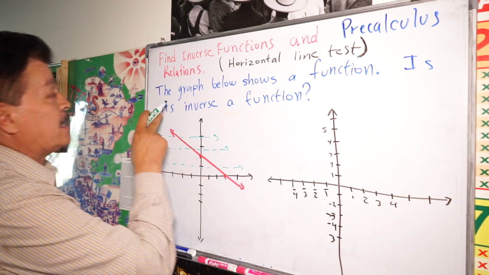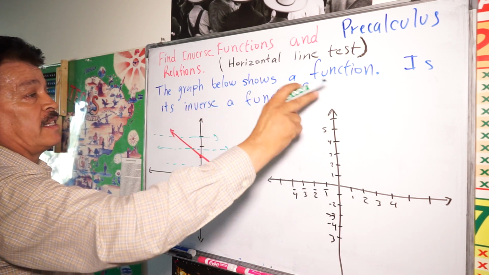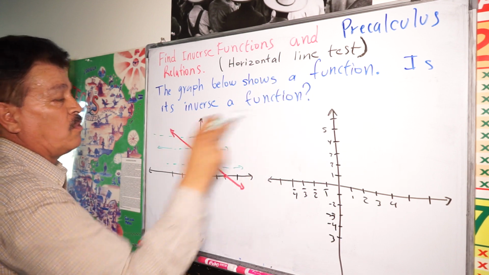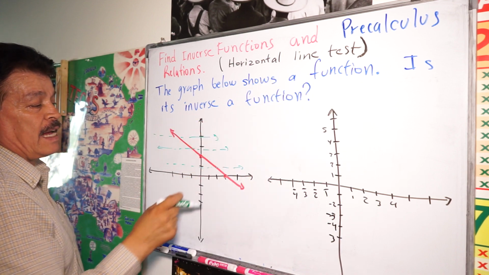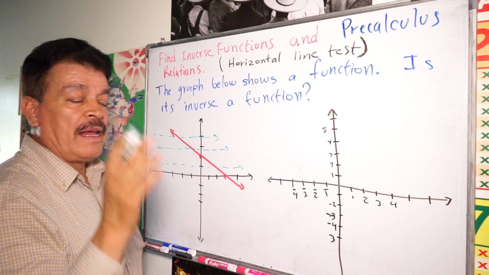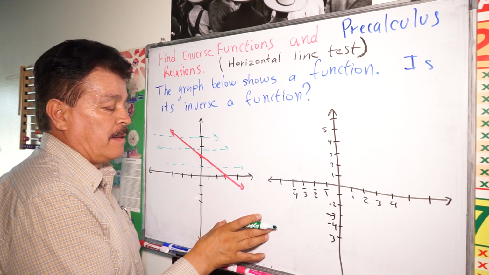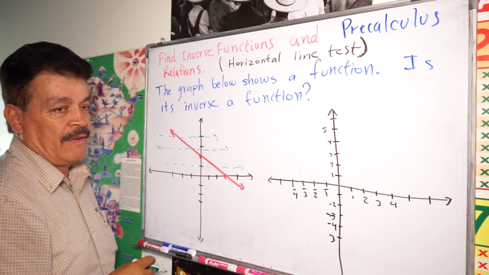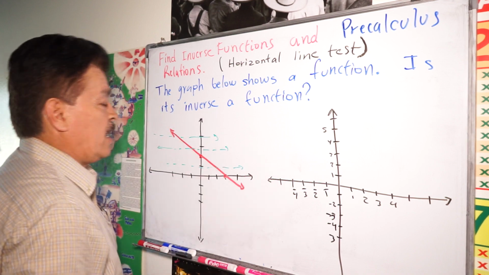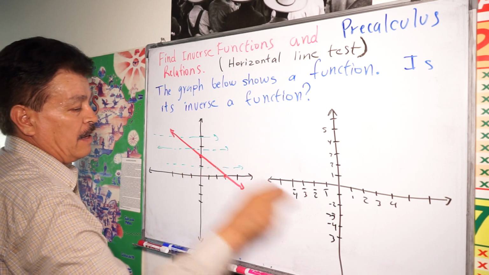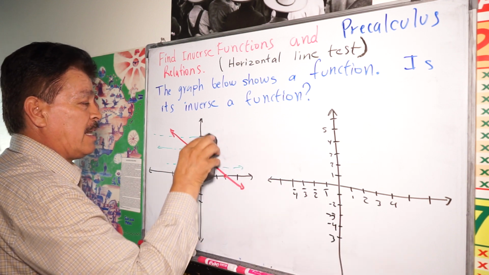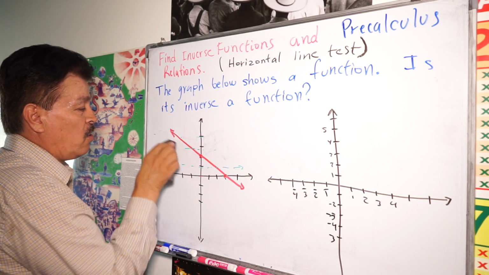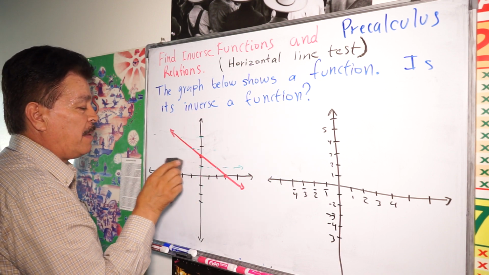Look at this. The graph below shows a function. It's a function. Is its inverse a function? The rule is mandatory: only 1 point is allowed when you draw the line, and also you draw non-horizontal lines. Non-horizontal means vertical, right?